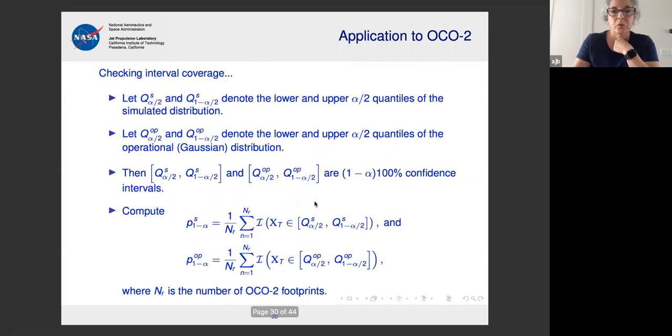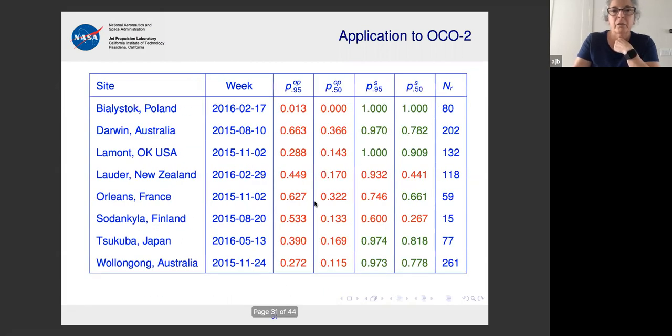Let me just go to this coverage table. This shows the different t-con sites, the different weeks, the proportion of the time that the t-con values fell within the 95th and 50th central portions of the distributions for the operational uncertainty and the simulated uncertainty that we got.